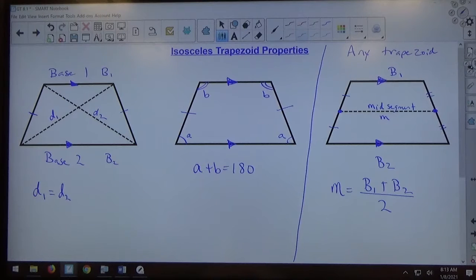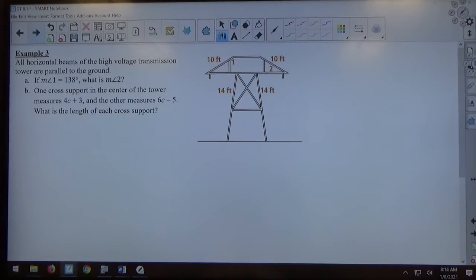That's everything you need to know about a trapezoid as far as I know, short of the area formula, which we'll deal with later. But as far as what we're doing today, finding missing sections in trapezoids or isosceles trapezoids, this is what you need to know. So, example 3.